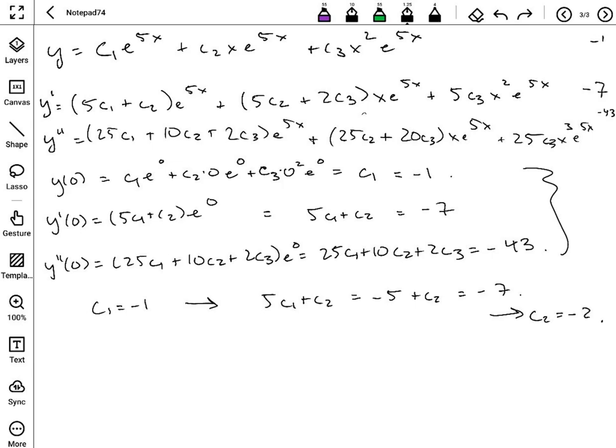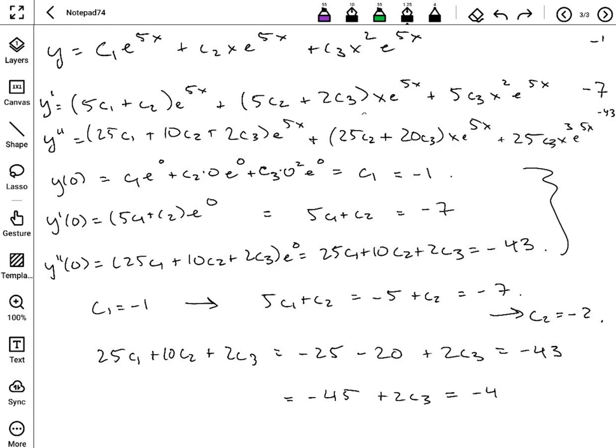And then I can put both of those into the third equation. 25c1 plus 10c2 plus 2c3 becomes minus 25, plugging in minus 1 for c1, minus 20, plugging in negative 2 for c2, plus 2c3, and that's supposed to be equal to minus 43. So I've got minus 45 plus 2c3 is equal to minus 43. That means that c3 is equal to just 1.